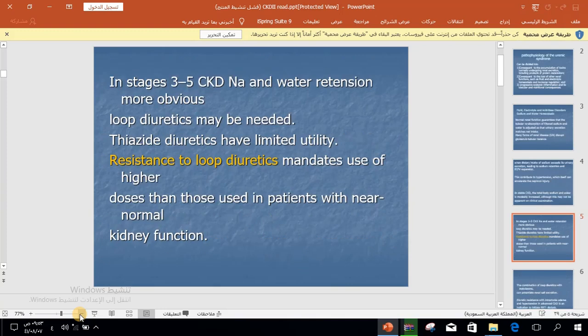In such instances, usually in CKD, the combination of water and sodium retention occurs beyond stage 3, usually at stage 4 and 5.